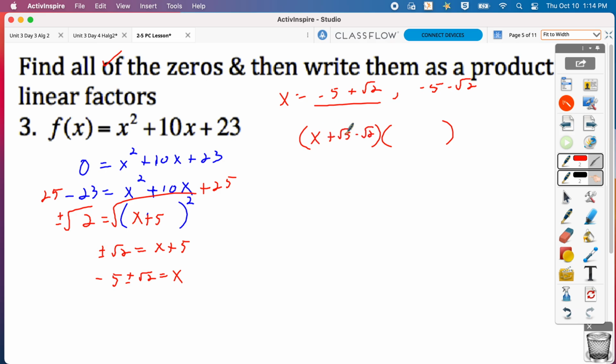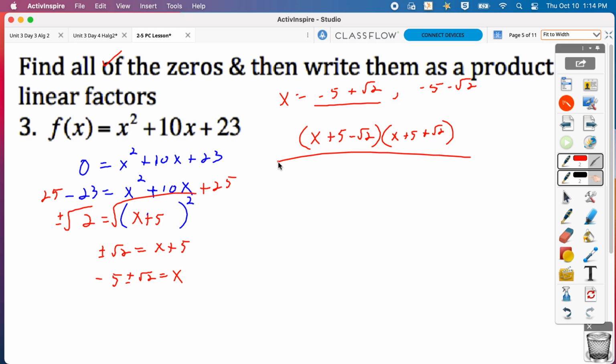It's the complete opposite. I don't need square roots in there. And x plus 5 plus the square root of 2. Those are my linear factors. So after we solve, however we solve, we take our solutions and do x and the opposite for our factors.